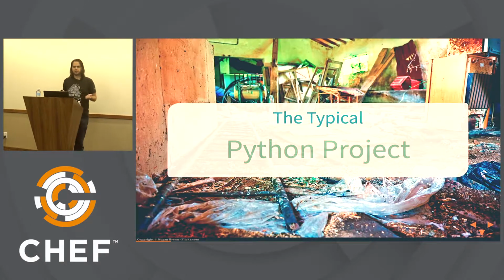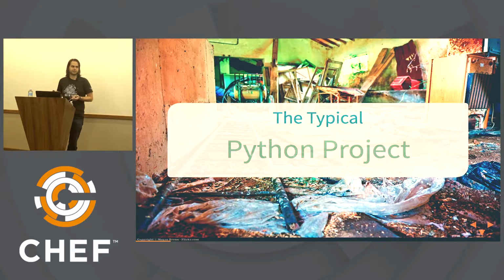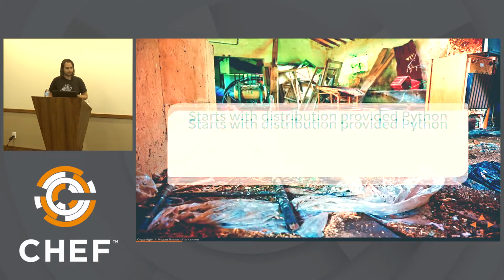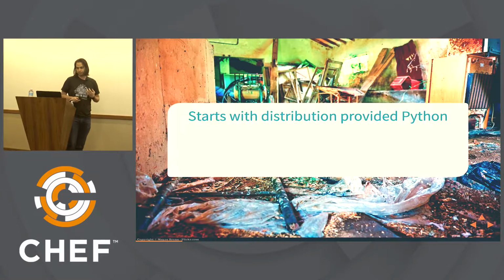So one of the things I want to lay down here is the typical Python project, because we're going to dissect this so you can understand and break it down and see all the things you've either been doing wrong or what Google tells you you've been doing wrong for all these years. One of the places we always start with is the distribution version of Python.